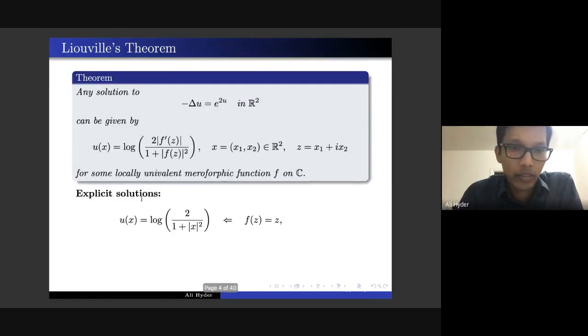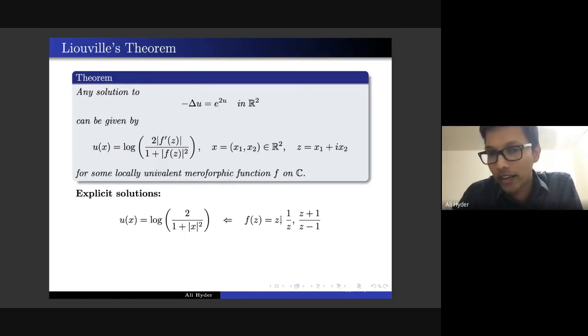So for example, f(z) equals z, the simplest one, gives u(x) equals log of 2 over 1 plus mod x squared. Simply plug in and you get this explicit solution. And not only this function: if you put f equals 1 by z, or z plus 1 by z minus 1, you get the same function u.